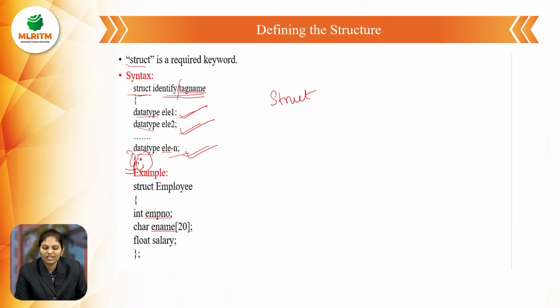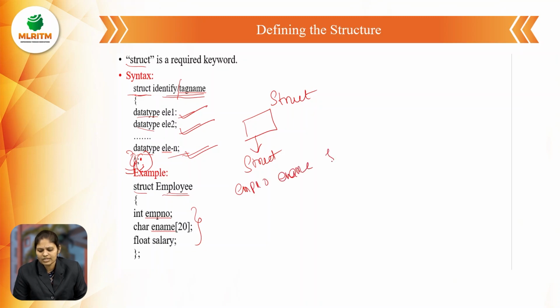In that way we create one data type. Using the keyword struct, here I am taking one example, employee. Suppose struct employee. The employee related elements are employee number, employee name and salary.